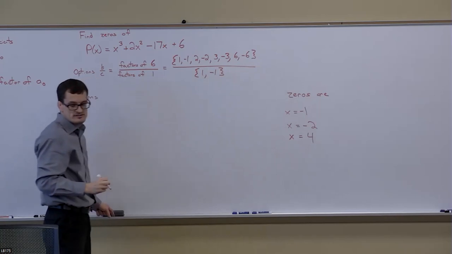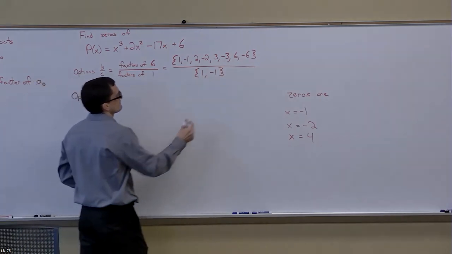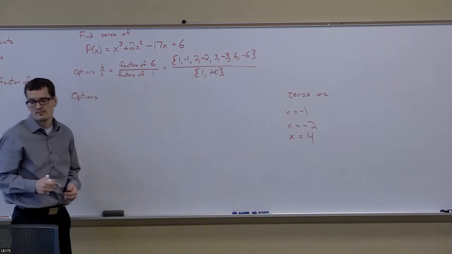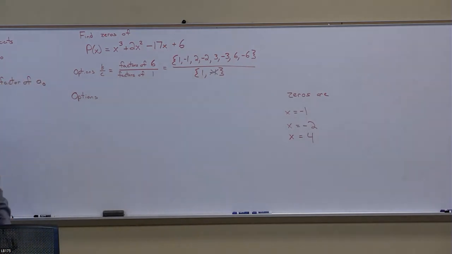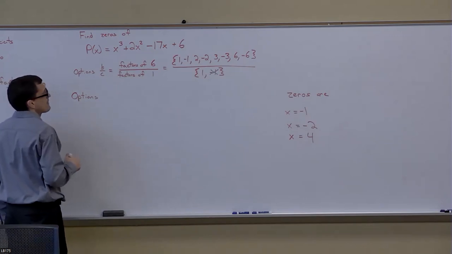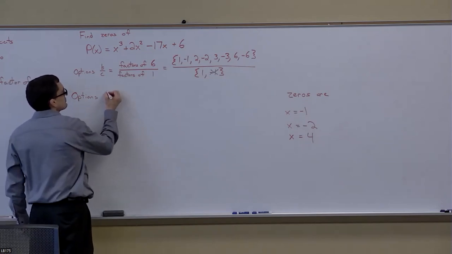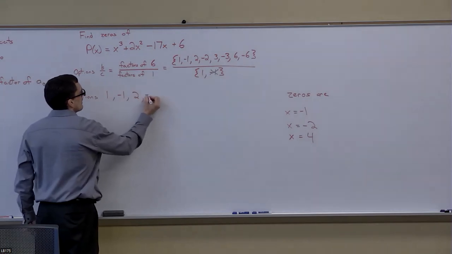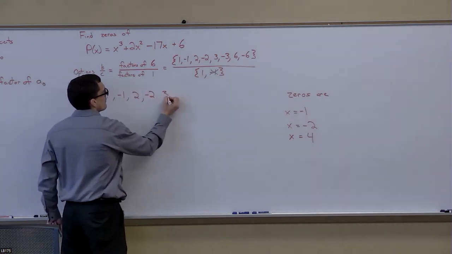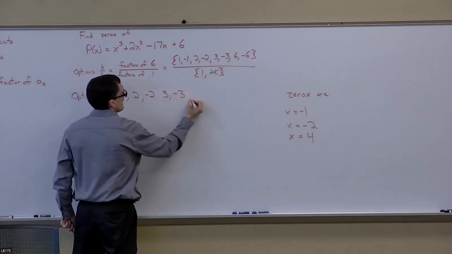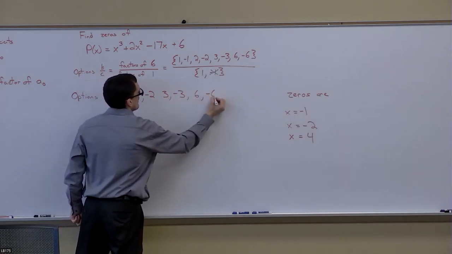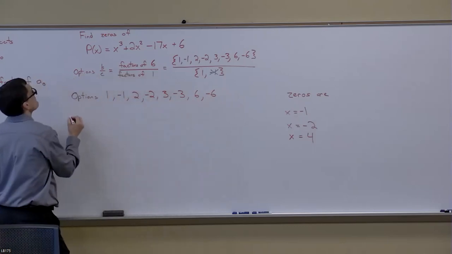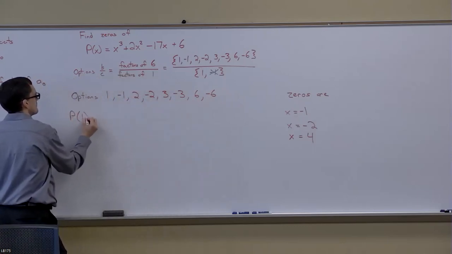To avoid redundancy, I'm only gonna count positives and negatives in the numerator. And so my options are 1, -1, 2, -2, 3, -3, 6, -6. Plug in all those.